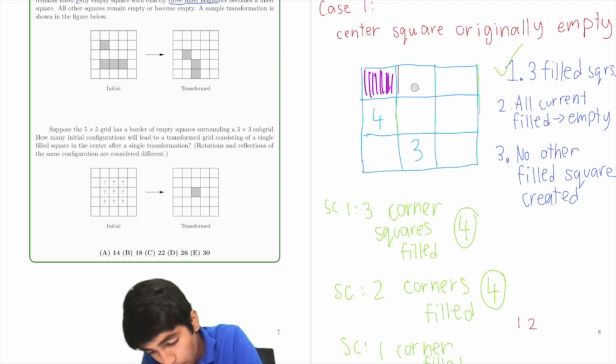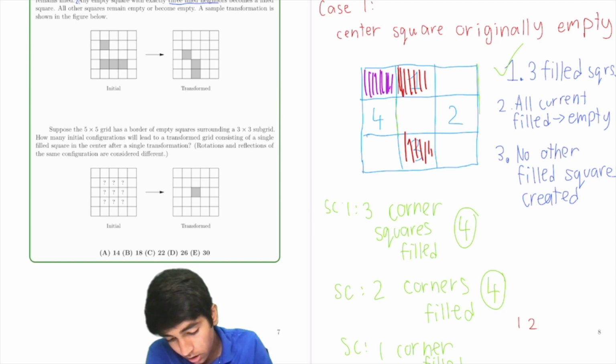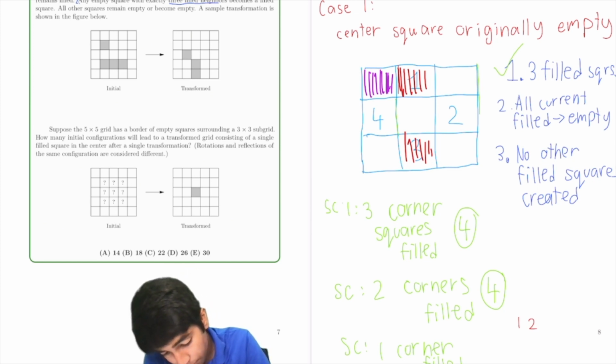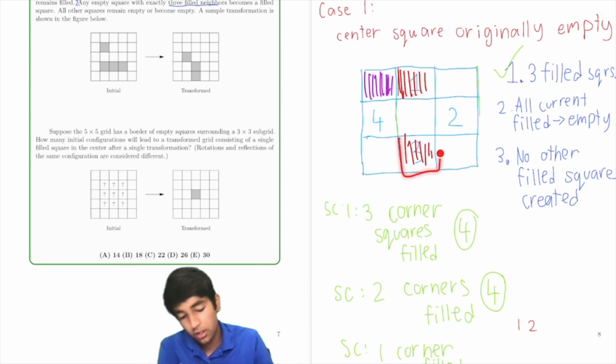1, 2 doesn't work, but what about 1, 3? Let's say both of these are filled. Does this work? Again, the second condition, well, notice how this filled square has one filled neighbor. The square on the right, the filled one here, has 1 neighbor, and the one at the bottom has 0 filled neighbors.